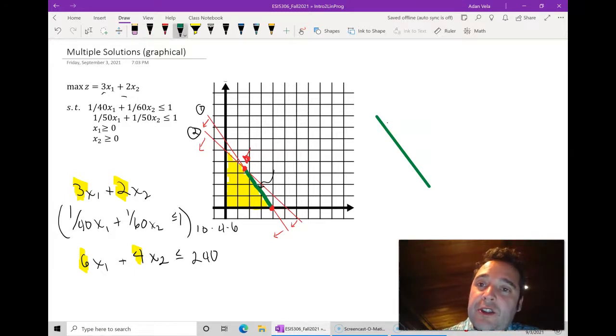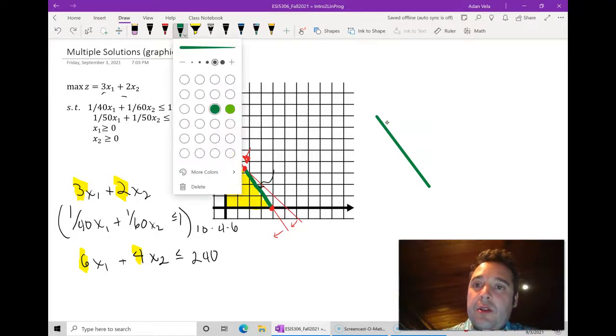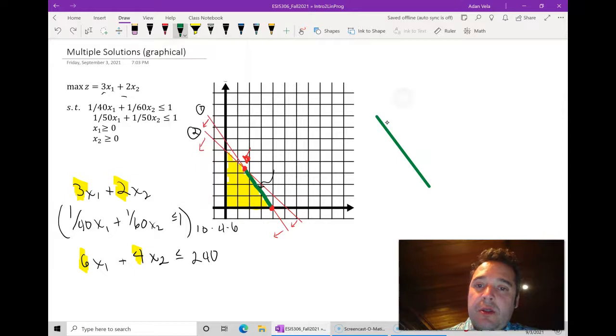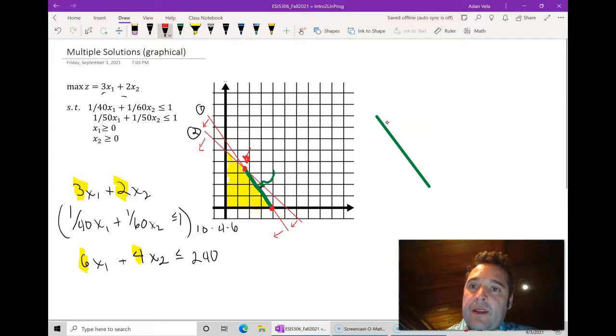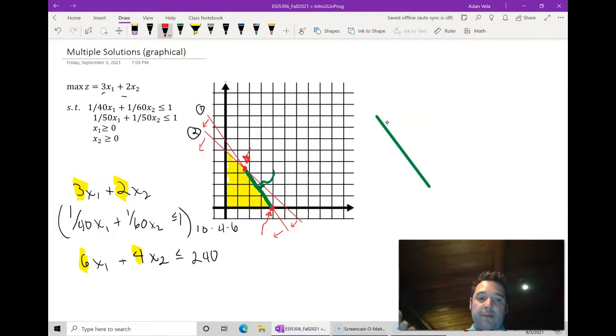If you pick a point in the middle of the line, then only one of the constraints is active. And if you pick this other extreme point, then you have 2 constraints active. Always constraint 1 is active, but in this last case, the non-negativity constraint on x2 is also active.